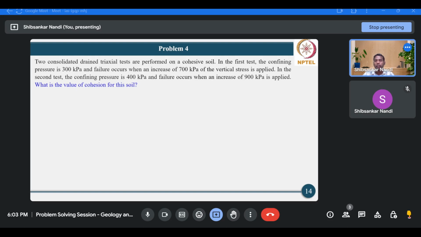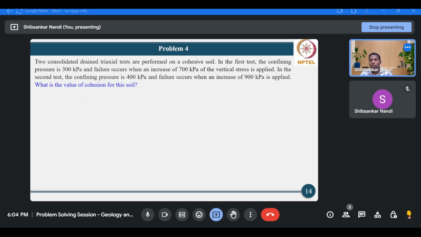In the second test, the confining pressure is 400 kPa and failure occurs when an increase of 900 kPa is applied. What is the value of cohesion for this soil? So for this problem, we have to calculate the cohesion of the given soil. We'll see how through the solution of this problem.